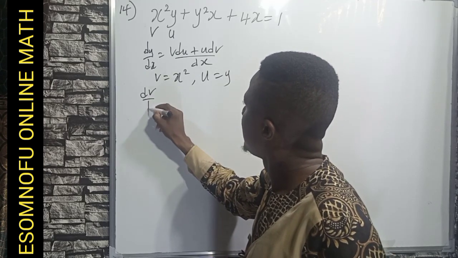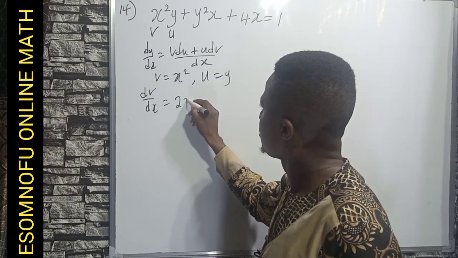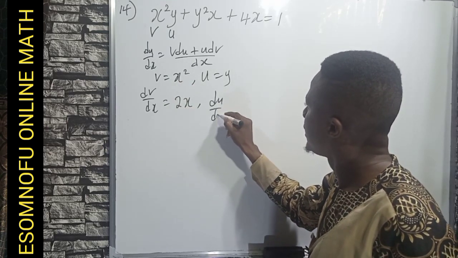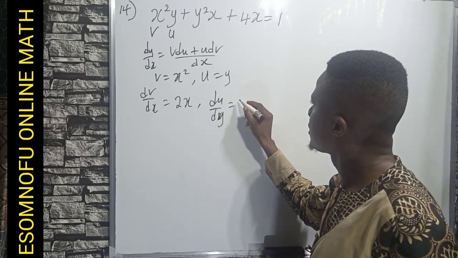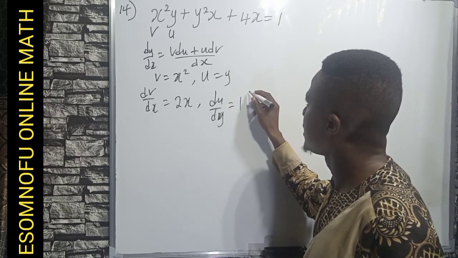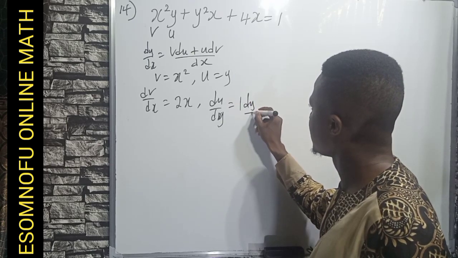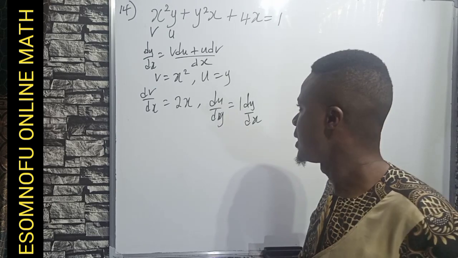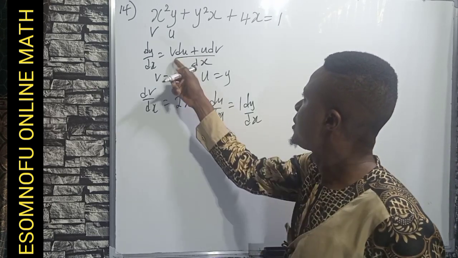So dv dx will give us 2x when I differentiate this. Then du dy will give us 1. If I differentiate y, I'm getting 1, but I must attach dy dx, because anytime you differentiate with respect to y, you must attach dy dx. So I'll fix it in this formula.